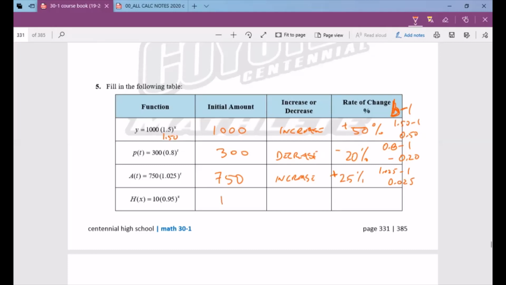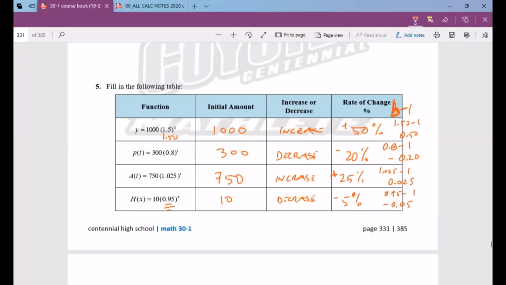And then our last one, decreasing, is 0.95. 0.95 minus 1 is negative 0.05. It is losing 5% of its value every year.